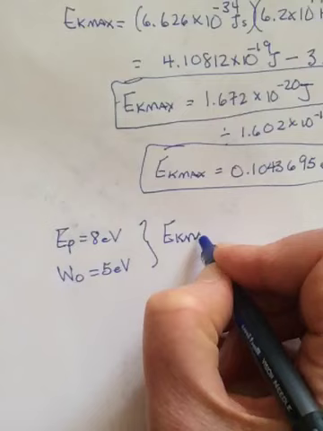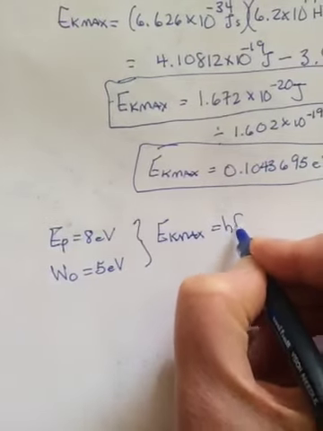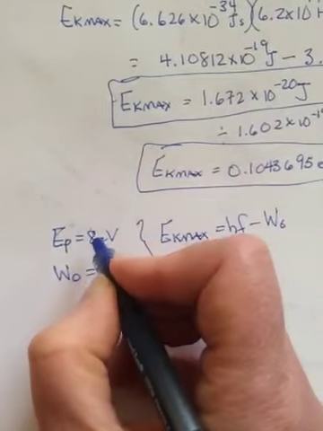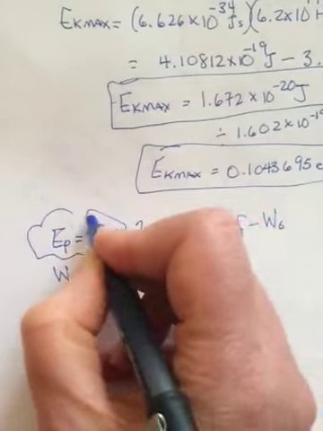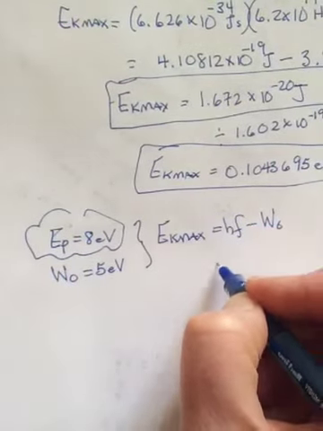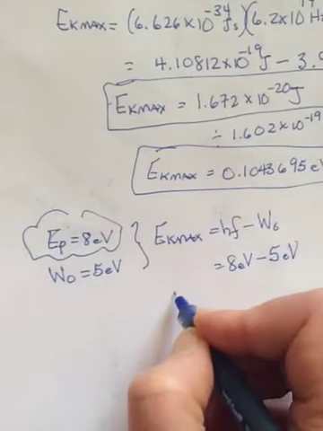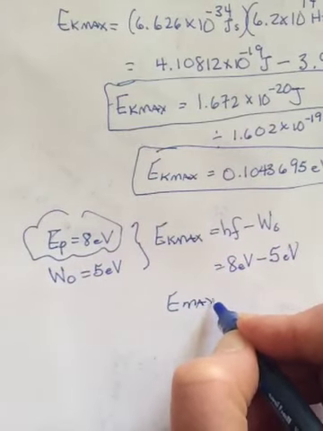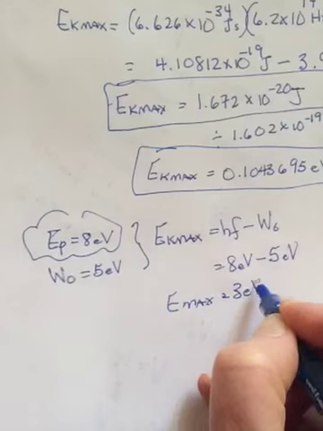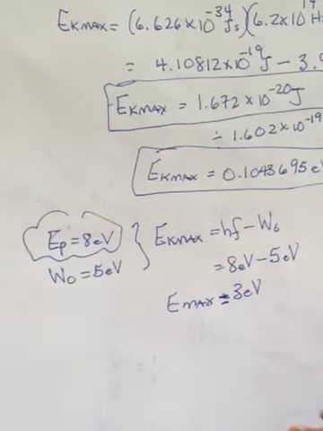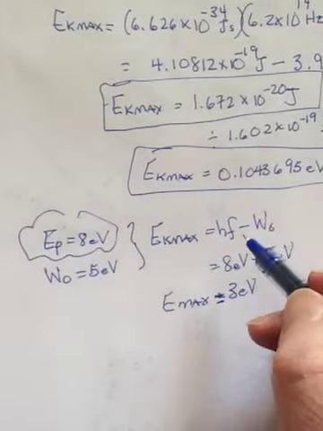Remember it's hf minus W0, but this 8 electron volts is the hf. This is just Ep. So it's just 8 electron volts minus 5 electron volts. Whew, this is higher order math. So you get 3 electron volts.